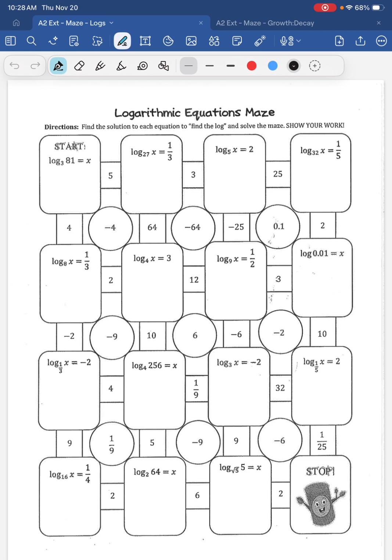Okay, for the logs maze, what do we need to know? Some negative exponent stuff will come up here. I'm just scanning this. We're not here yet, but if you get stuck on something like log of 0.01, turn that into a fraction. Okay, so 2 reminders, at least, that I know we need. Number 1 is I can turn something from log to exponential. Some of you describe this as the circle method. It doesn't actually matter what letters I use here, but you're going to want to know you can always convert something from logarithmic to exponential form by saying this base raised to that opposite power equals, in this case, a.